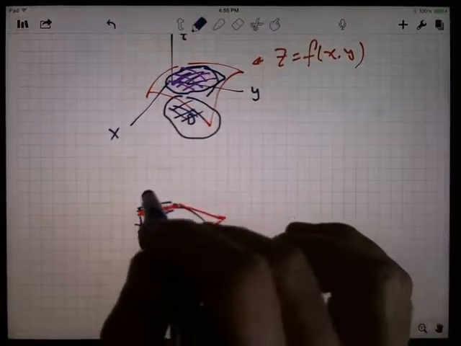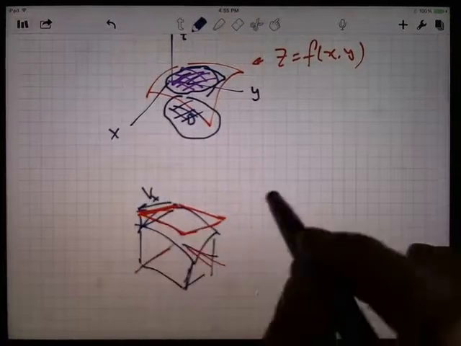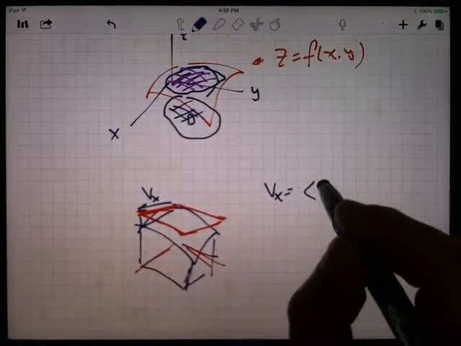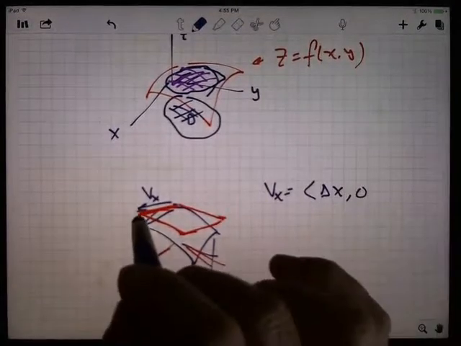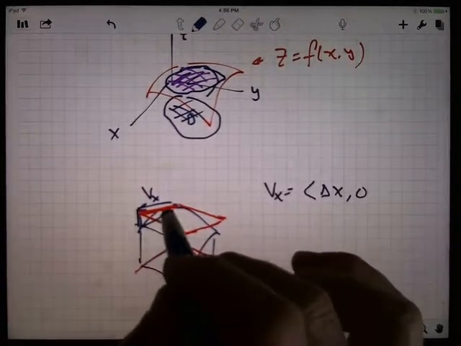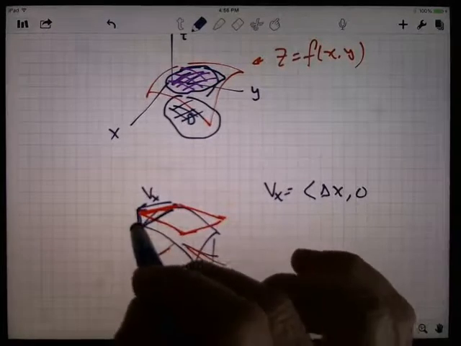So let's call this vector Vx. So Vx is going to be, I'm going to have a little bit of displacement in the x direction, nothing in the y direction, and then I have to figure out how far up to go in the z direction. Well, that's going to be essentially the slope times how far I move in the x direction.